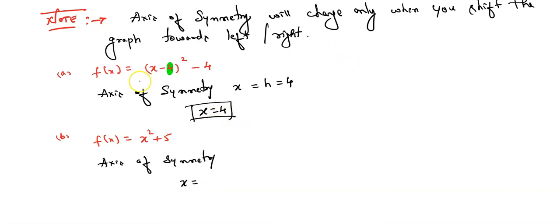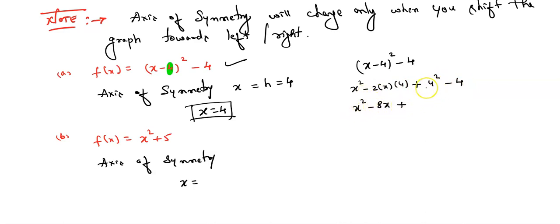As you can see in option A, x minus 4 whole square minus 4. First you can change this into its standard form, a minus b whole square, a square minus 2 into a into b plus b square, minus 4. Then x square minus 8x plus 4 square is 16, minus 4.